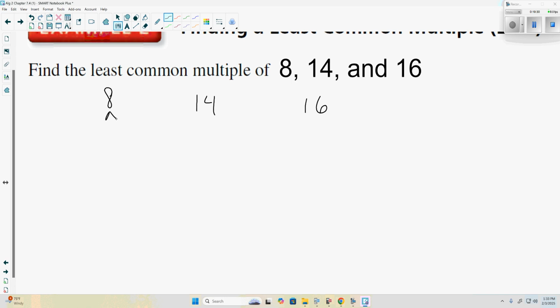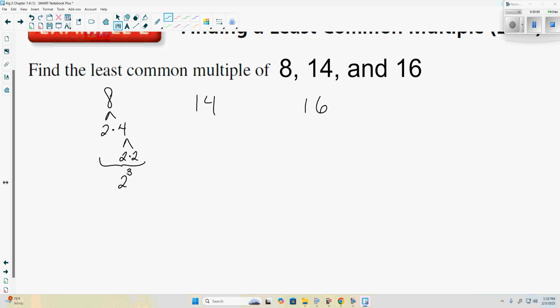Well, 2 is a factor of 8. It'd be 2 times 4. Well, 2 is a factor of 4, which is 2 times 2. That is as simplified as it gets, because 2, 2, and 2 are our prime factors. And we have how many 2's? 3. So we can say that 8 is the same as 2 to the third power.